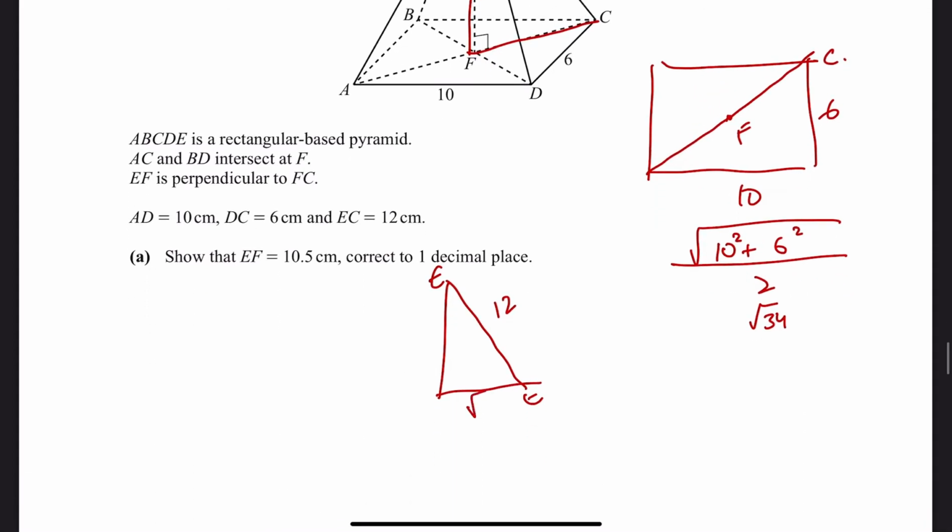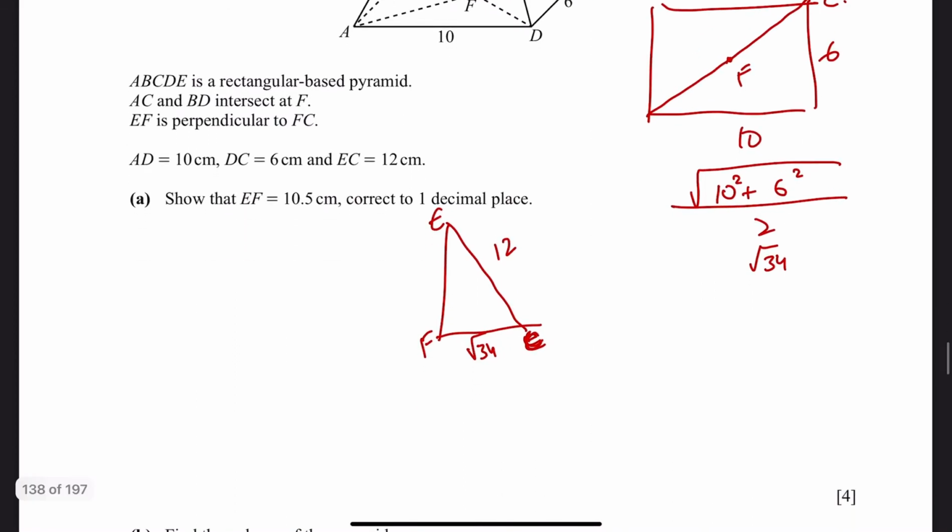So EF squared equals 12 squared minus 34 squared. This is the Pythagoras theorem. Which gives me EF equals 6 root 3.